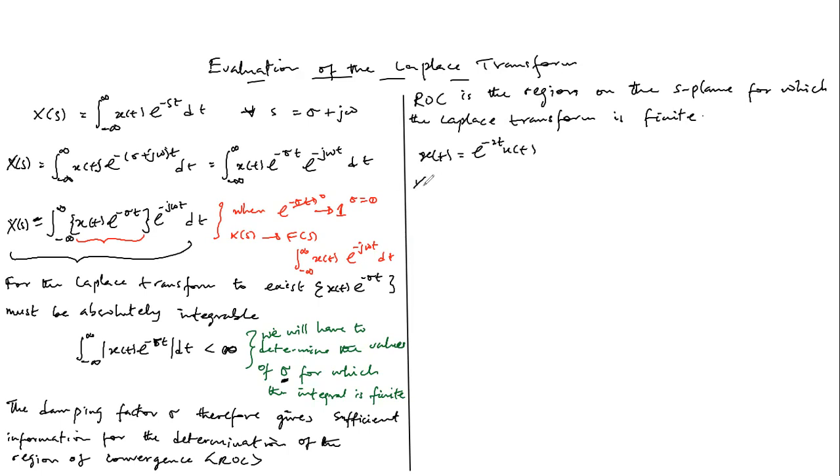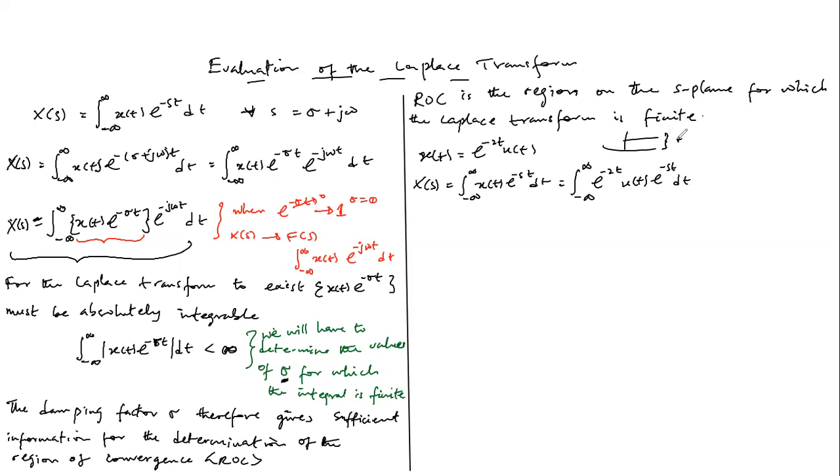Now the Laplace transform will be the integral from negative infinity to positive infinity of s of t e to the minus st dt, which should be the same as the integral from negative infinity to positive infinity of e to the minus 2t u of t e to the minus st dt. Now, what's u of t? u of t is a right-sided signal, right?